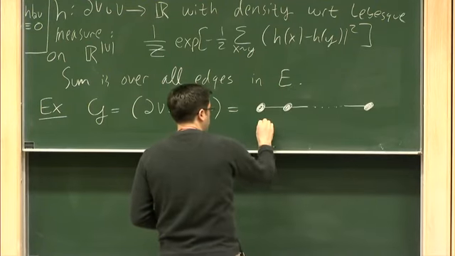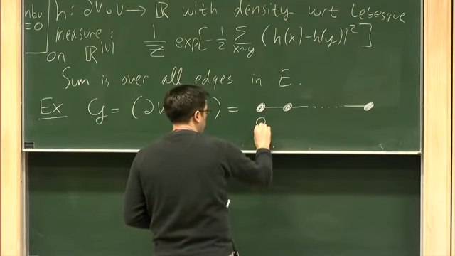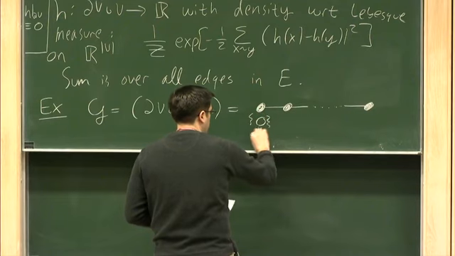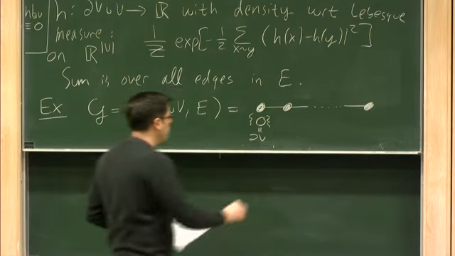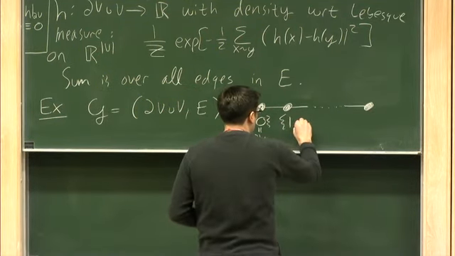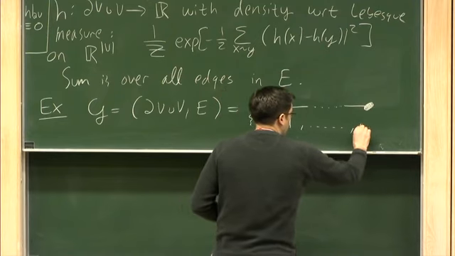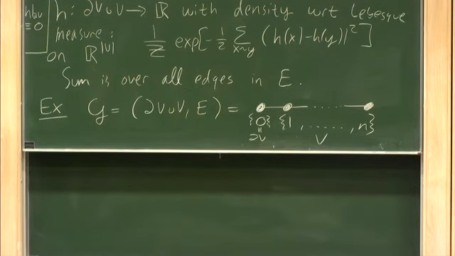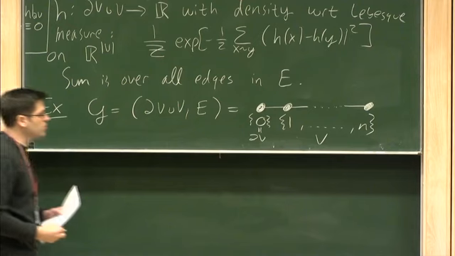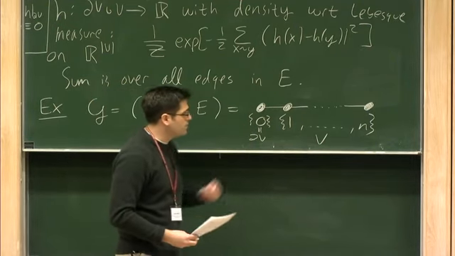And this is 0 right here, and 0 I'm going to take to be the boundary of my graph. And then the rest, 1 up to n, these are going to be the interior vertices of my graph. And the edges are just the usual ones that you get when you take the integers from 0 to n.